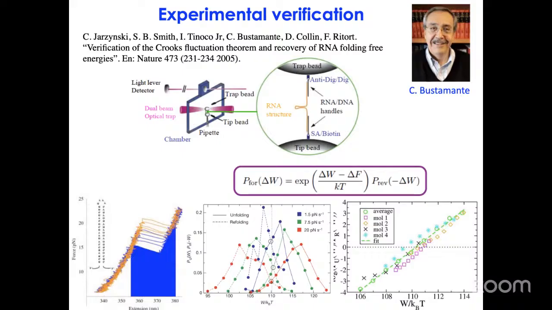So by looking at these points, you can measure the free energy difference. But if you want to do it better, you can take that, divide by this, and take the logarithm, and what you have is a straight line. And the slope of that line will give you a better measurement of the free energy difference.